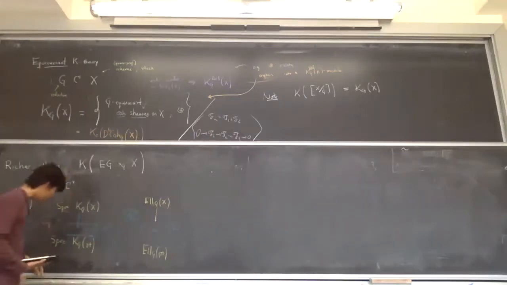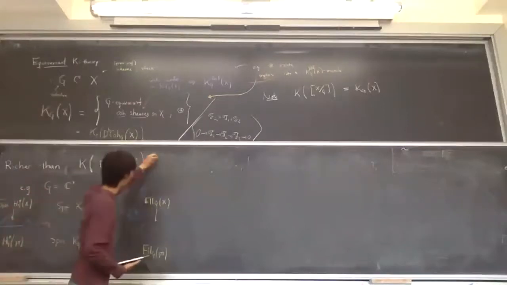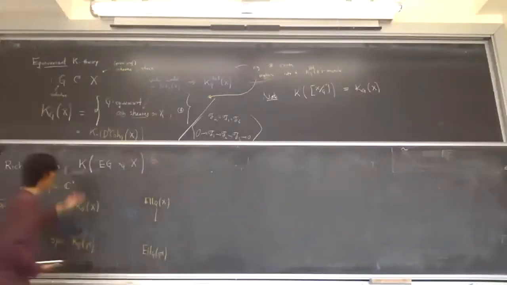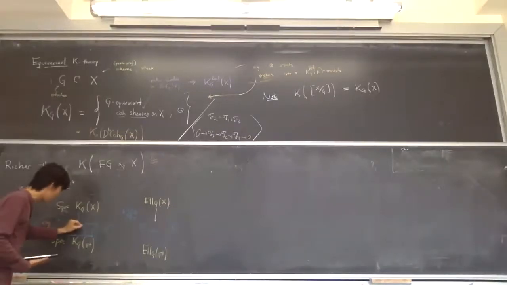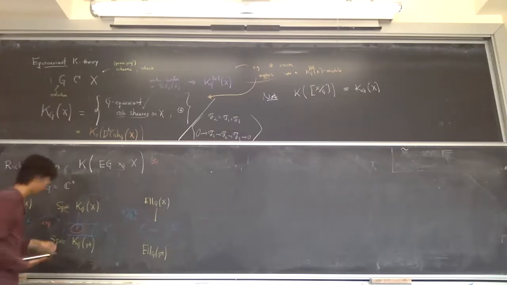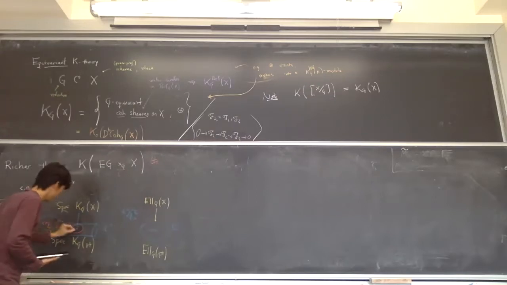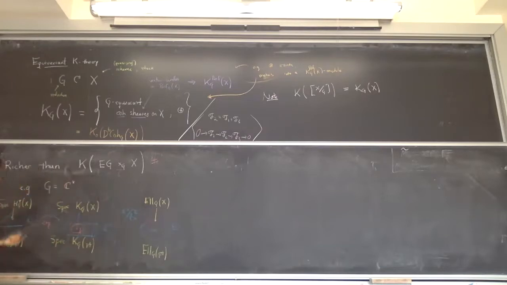And what I want to emphasize is that there's a theorem due to Atiyah and Segal that says this naively equivariant version of K-theory only sees what's happening around a neighborhood of the identity inside C star. So there's a point in here, 1, and there's some formal neighborhood around it.